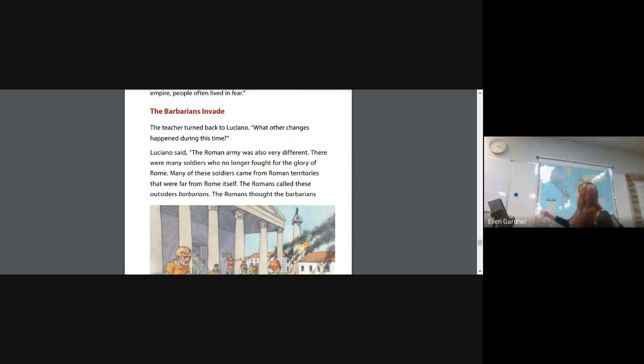Okay, so imagine this. Imagine you're over here in Egypt. We know that Egypt was part of the Roman Empire, for example. So if you're an Egyptian and your country and your province has been taken over by Roman government, but you don't think of yourself as a Roman, you think of yourself as an Egyptian still.